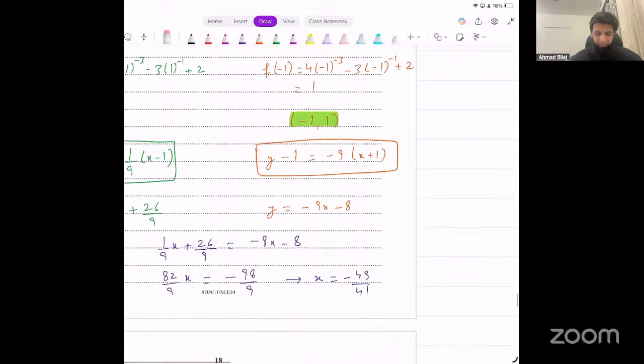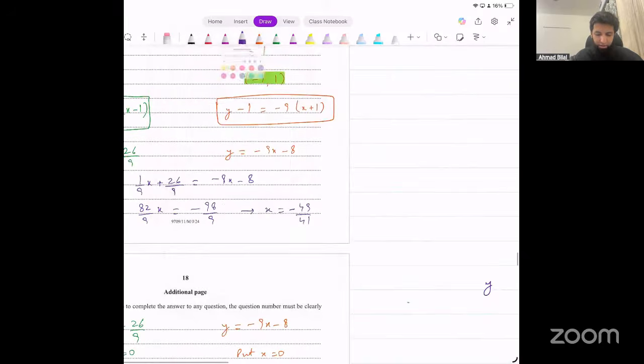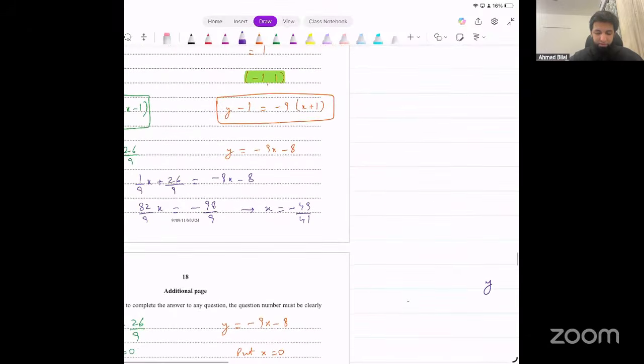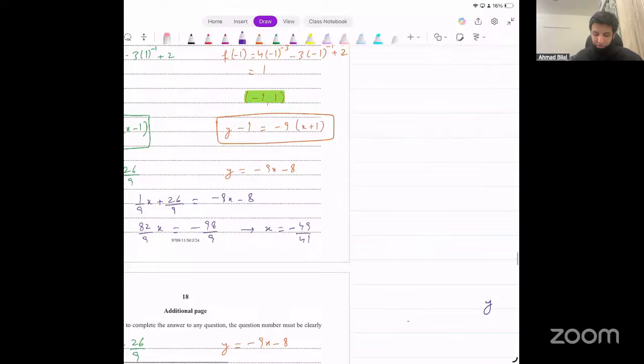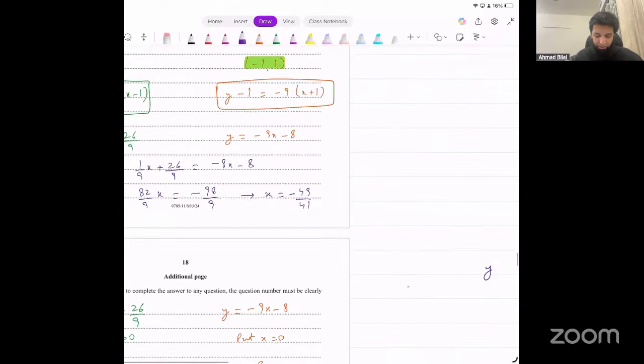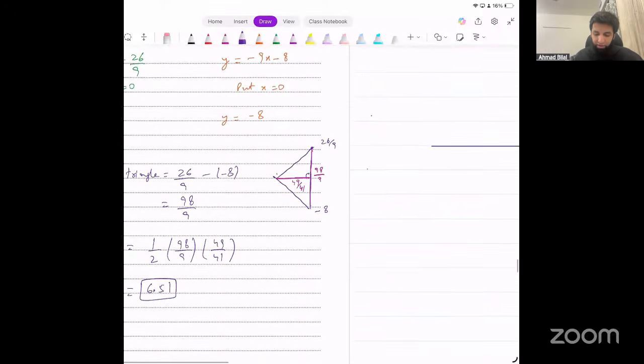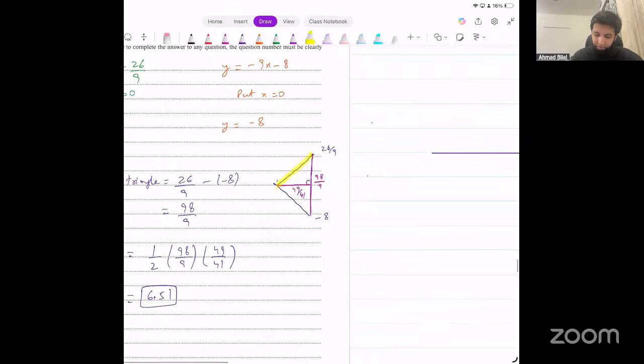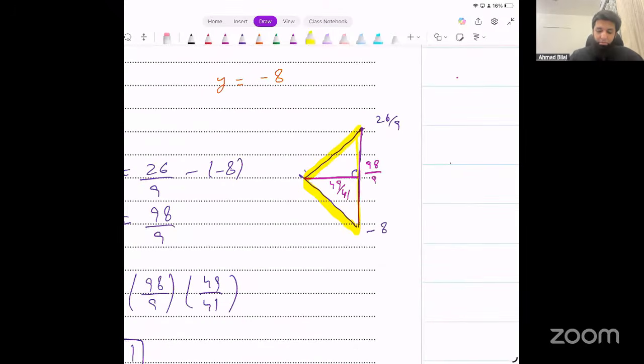Now what I did here was find the equations of the tangents, because we have to find the y-intercepts. We found the equations, we found the y-intercepts, and the y-intercepts turned out to be 26 over 9 and minus 8. And we got a triangle that looked like this. Now you're right that this angle will also be 90 degrees.